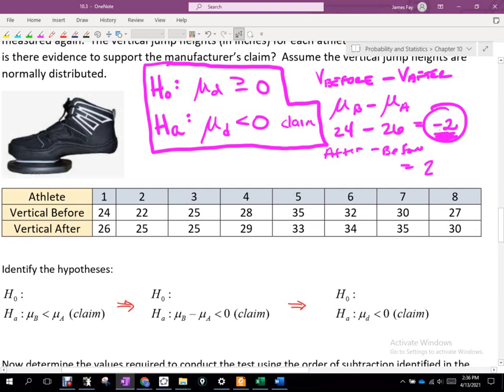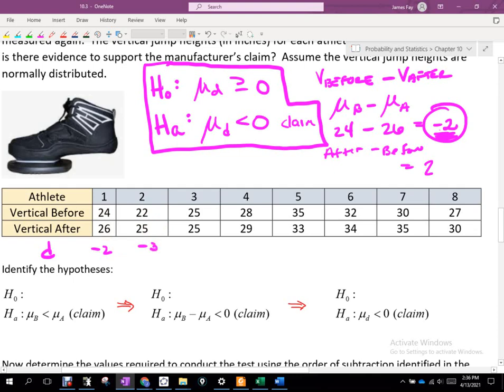All right, so now, if we're doing it by hand, we want to find the differences. So we want to find D, the difference between before and after. The reason I decided initially to go before and after is just because of how I organize my data in the table. I just want to subtract straight down. So 24 minus 26 gives me negative 2.